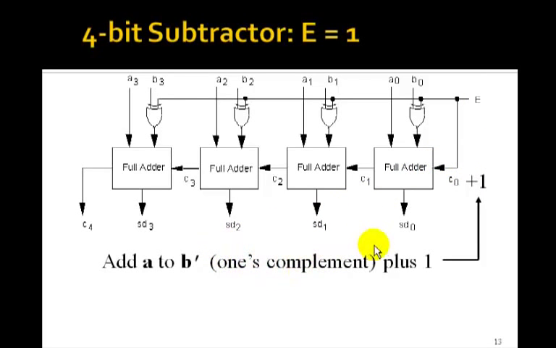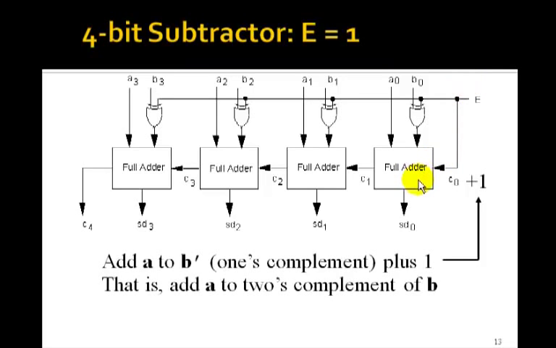But the 1's complement of B plus 1 is just the 2's complement. So what I'm really doing here is adding A to the 2's complement of B. But you remember that the 2's complement of B is just minus B.